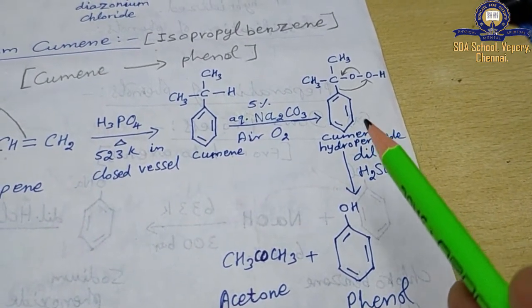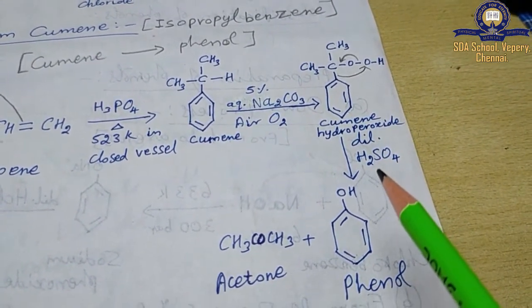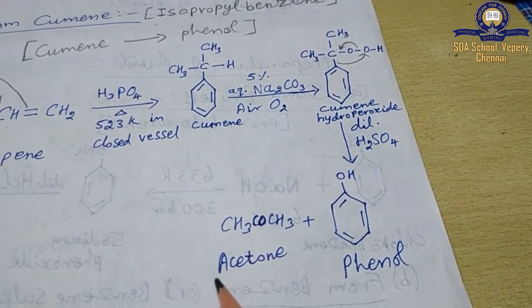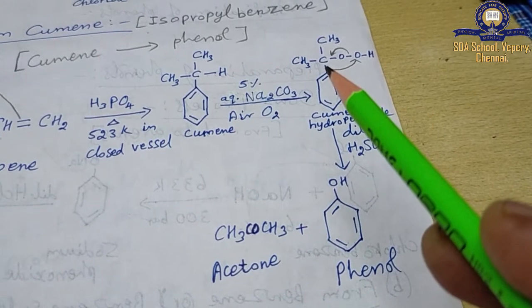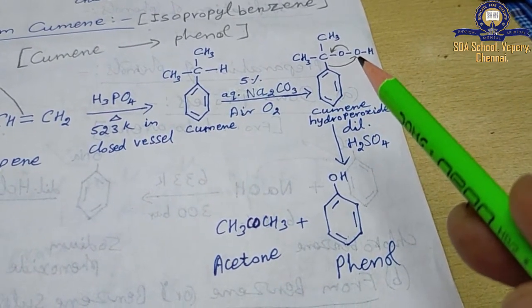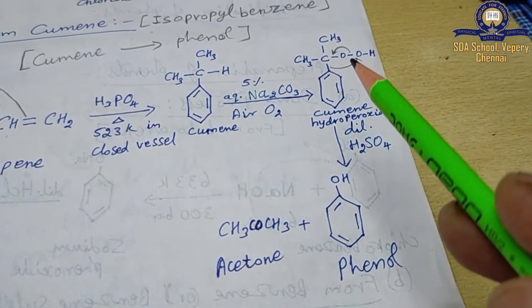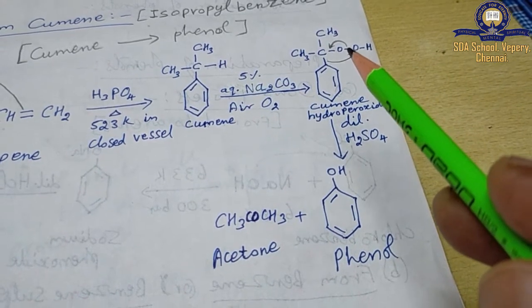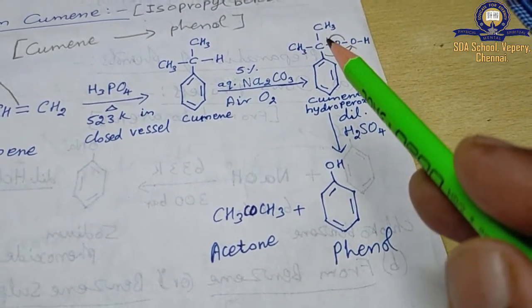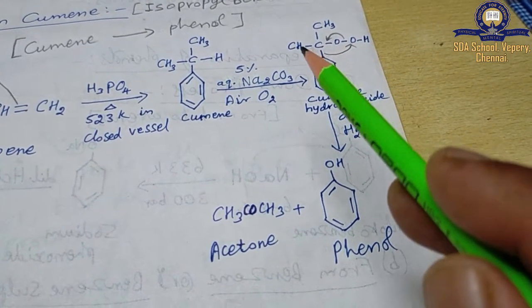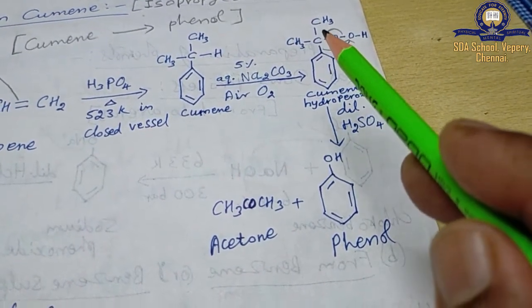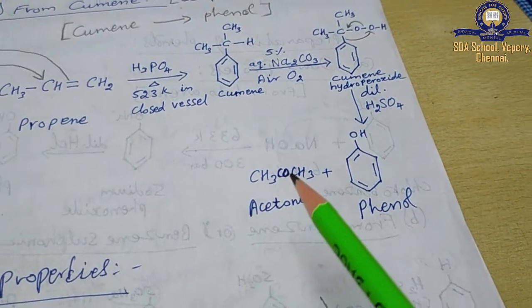Now this is allowed to react with dilute sulfuric acid, which will give you phenol and acetone. That means this one cleaves from that carbon and accepts that OH group oxygen. Then the bond between the 2 oxygen atoms gets cleaved and a double bond forms between carbon and oxygen as acetone, CH3, C double bond O, CH3. That is acetone formation.